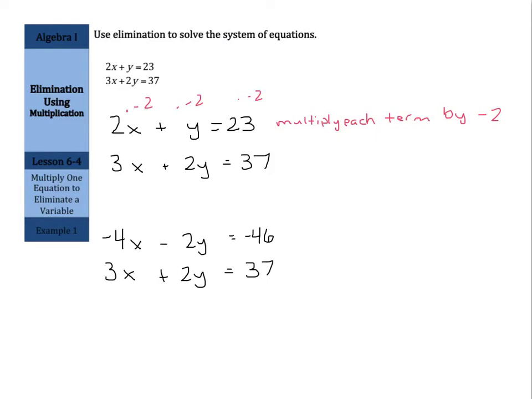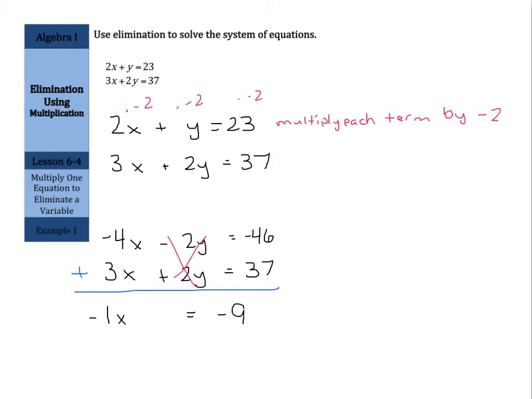Now what we can do is add. Negative 4x plus 3x is negative 1x, or just negative x. Then these get eliminated. And negative 46 plus 37 is negative 9.